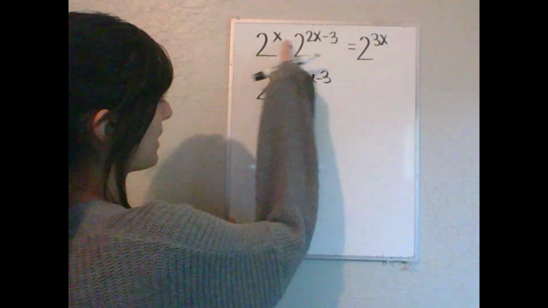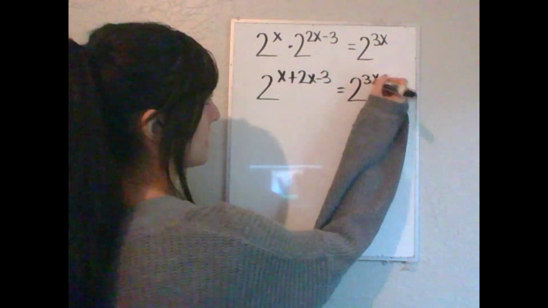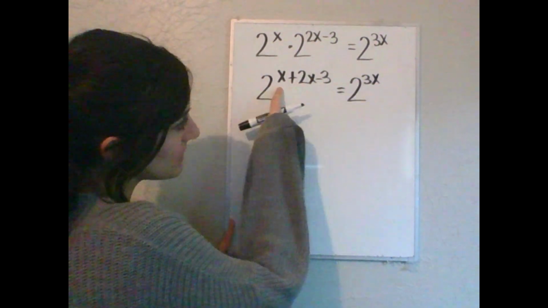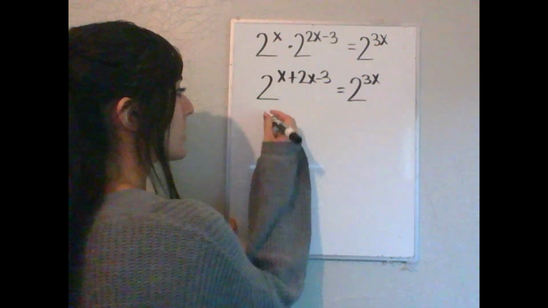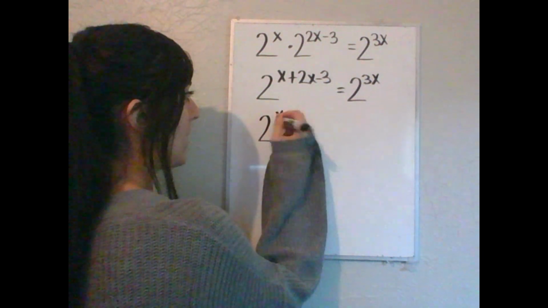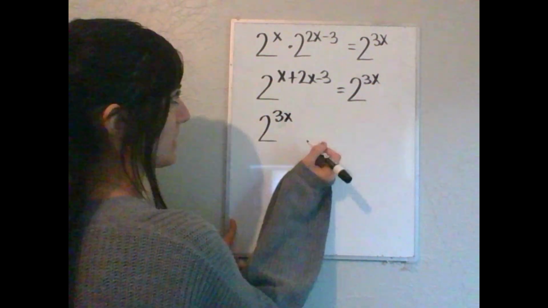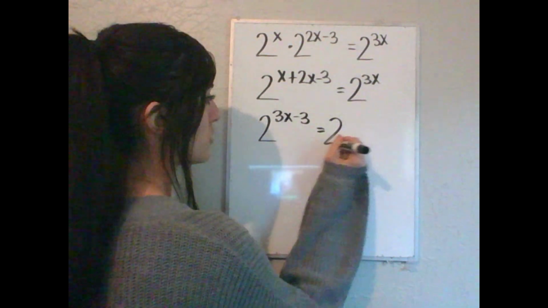So all I did was add those exponents together, and this side will stay the same. So I can still further simplify this. I have an x plus a 2x, so my power can be rewritten as 2 to the 3x minus 3, equals 2 to the 3x.